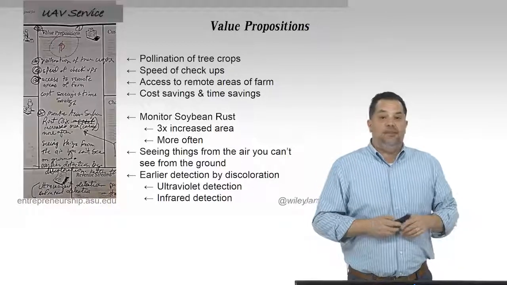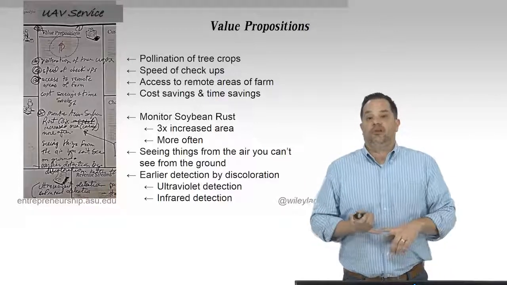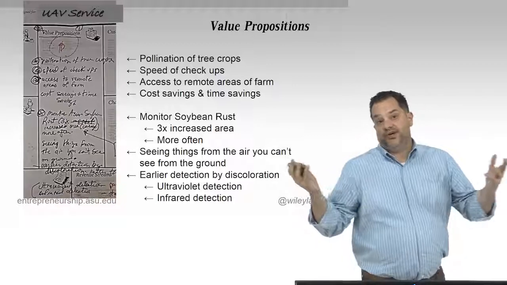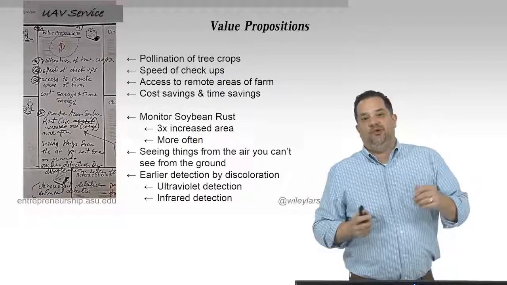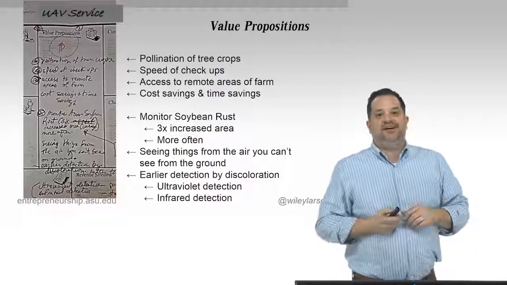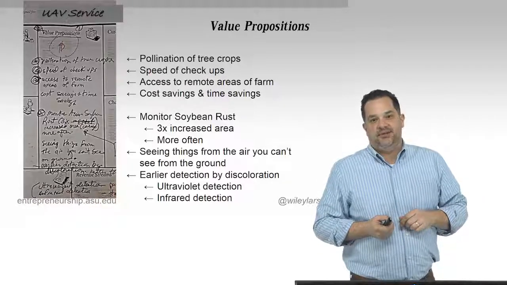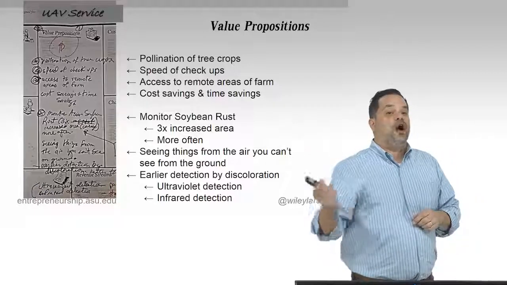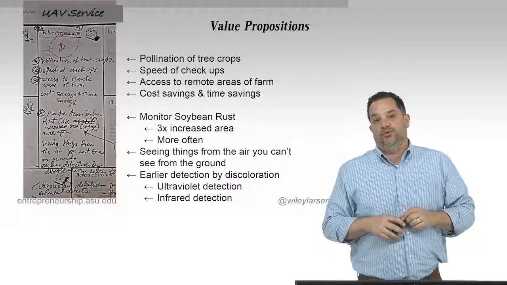One that we had there that many of you will have is we can save our customers time and we can save them money. There's a certain soybean rust that is really aggressive that our farmers might want to use a drone to check. And so we talk about the soybean rust that they can use the drone to check their crops three times as often as they normally would.